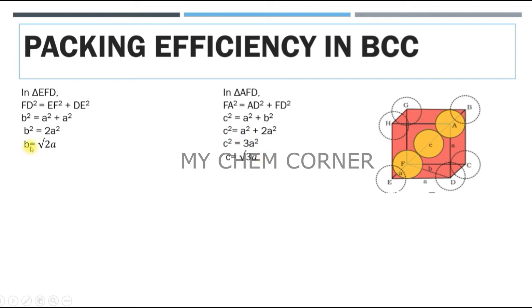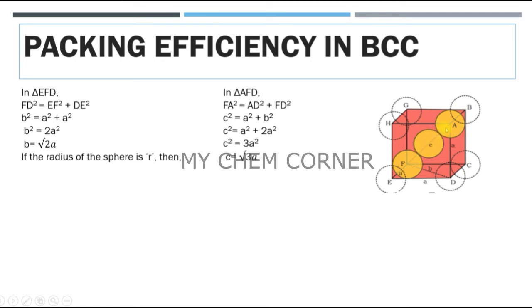So we have the value of B, we have the value of C also. Now the remaining part of it remains the same, just like how we did for CCP and HCP. So here, if the radius of the sphere is given as r, in that case, again on this particular hypotenuse, you have 4 radius. 1 radius from this sphere, 2 radius from the center sphere, and 1 radius from here.